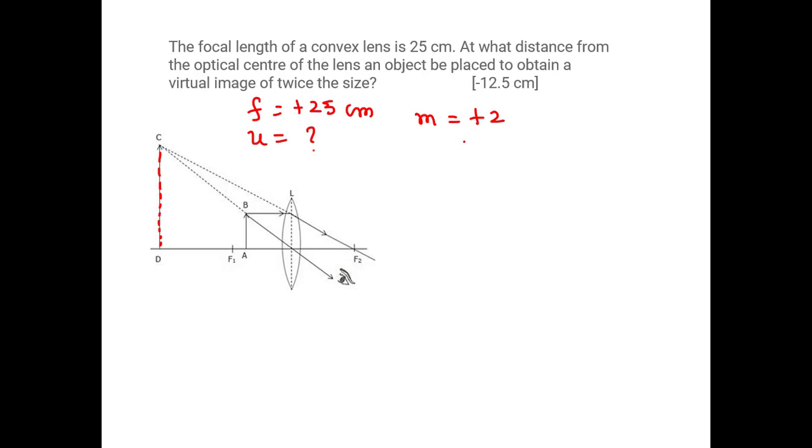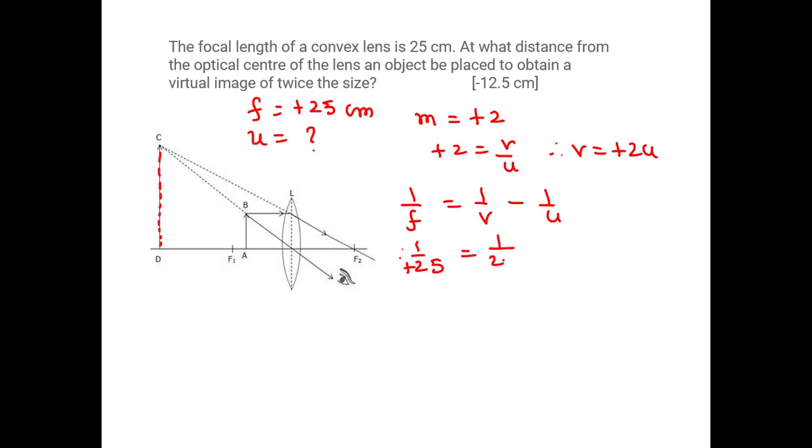That would mean plus 2 is equal to v upon u. Therefore, v is equal to plus 2u. Now we know that 1 upon f is equal to 1 upon v minus 1 upon u. Therefore, 1 upon 25, this is plus 25, remember, is 1 upon 2u minus 1 upon u, and that will give me minus 1 upon 2u, and therefore minus 2u is equal to plus 25.